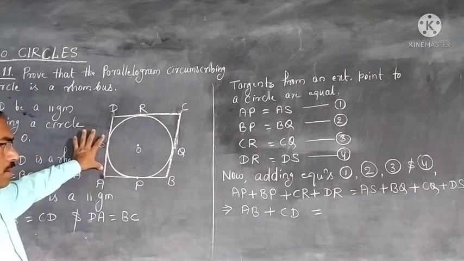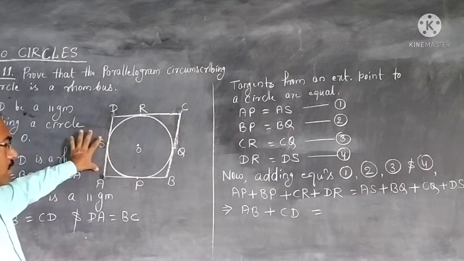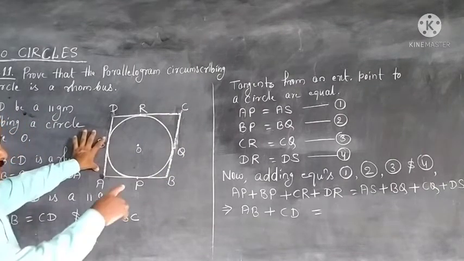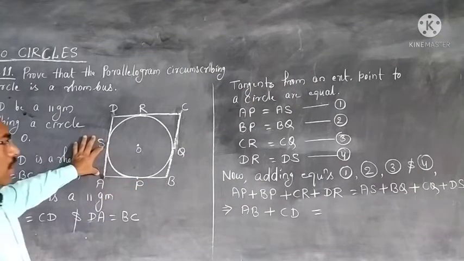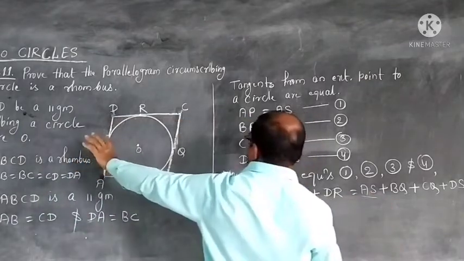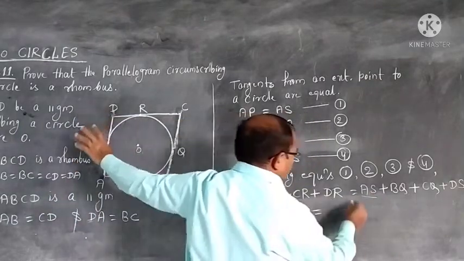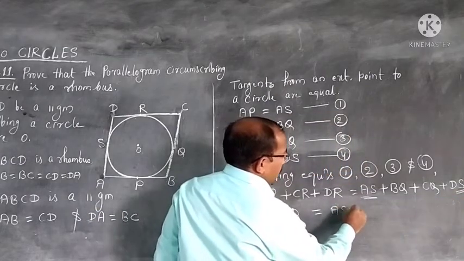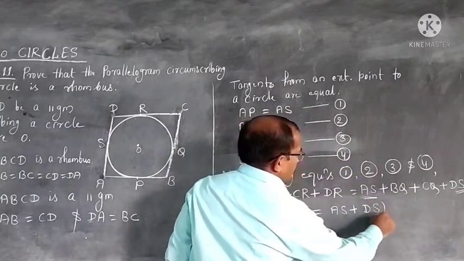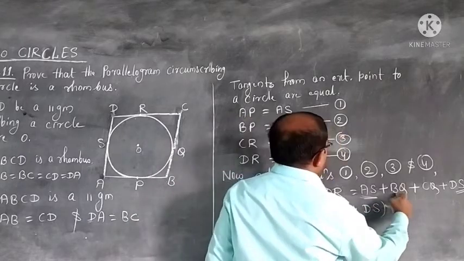What is this? AS, CR plus DR, all right. Then AS and DS we will take. We are seeing in this figure AS and DS, and we have already here AS and DS. So, we can write them here once more together. Next step we will change BQ plus CQ.